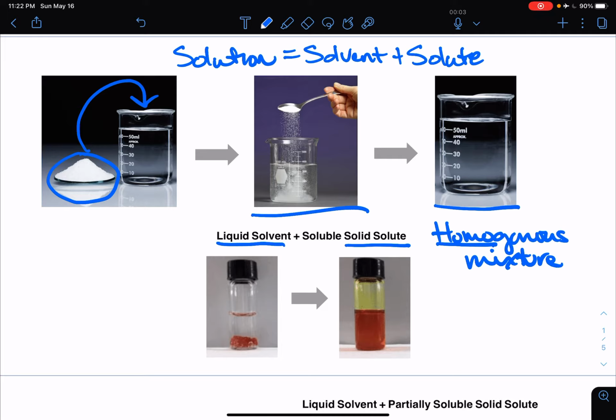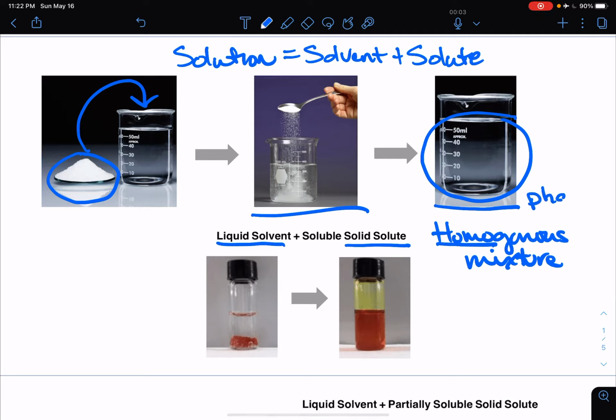So what it looks like is it looks the same throughout. So you can't pick out where one molecule or one ion is for one substance and where the other substance is in there. It just looks all the same to us. So we can also say that we have one single phase here.